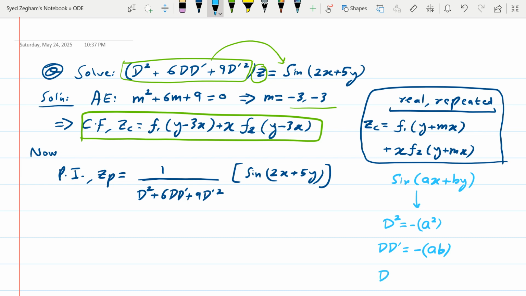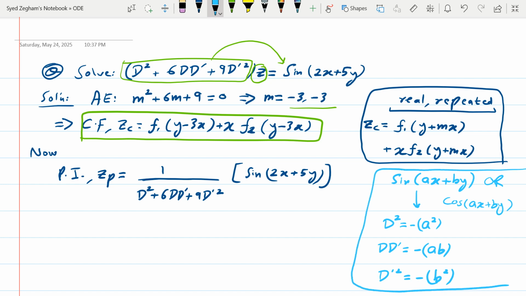And same way, D prime square will be b square. First we square b and then we put a minus. And remember, that same rule will hold for cosine function also. If you have the right side as cosine ax plus by, then also we have the same technique which we have to follow.